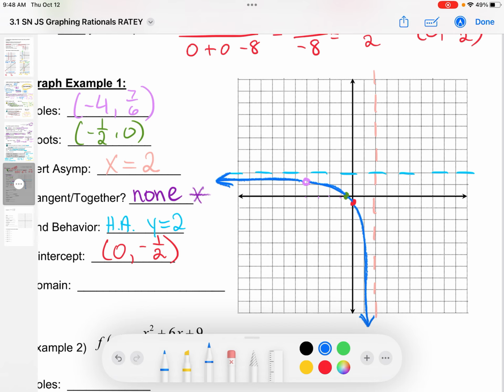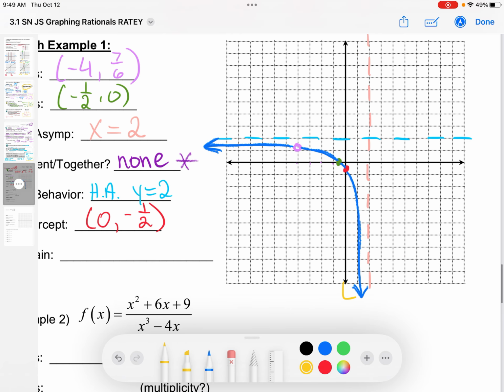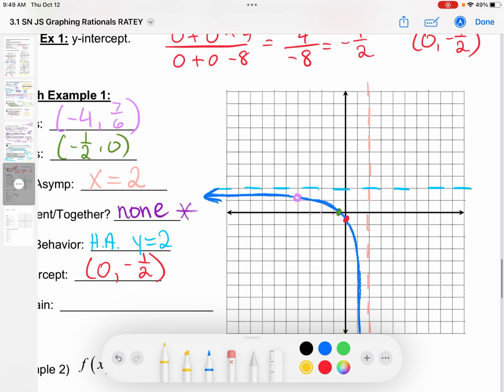the sides of the vertical asymptotes go opposite directions. Okay, they don't come together on the same end, it's backwards. So on the left of this vertical asymptote, the graph was going down. And that's going to mean that on the right, the graph will go up.